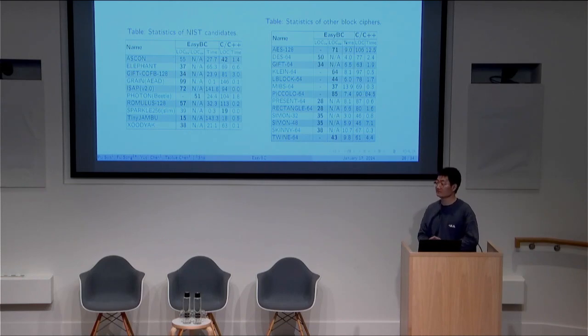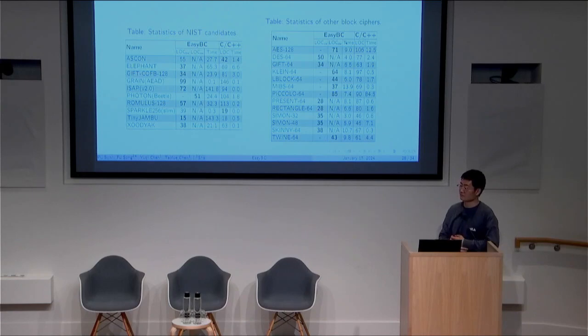So you start with a cryptographic algorithm written in C or C++. You encode it in EasyBC so that you can then do the security analysis automatically. But how do you know that what you've encoded in EasyBC matches what was in the original C or C++?